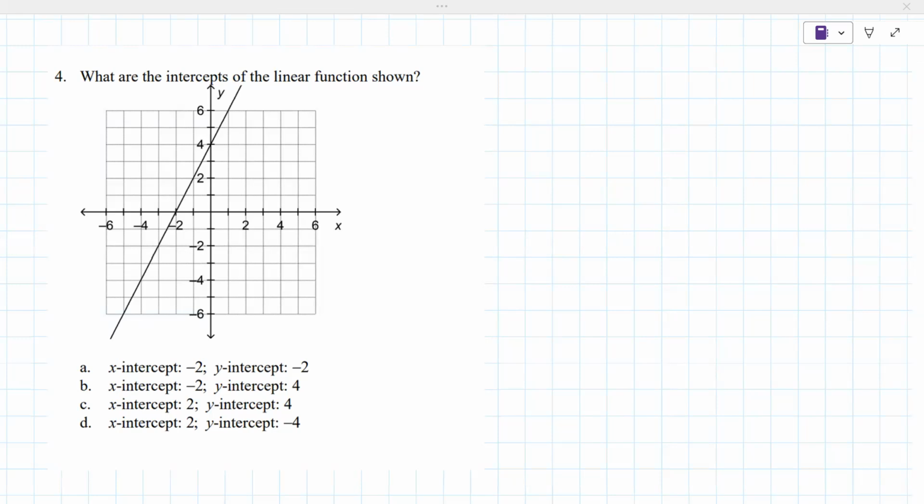Would it be B? X-intercept of -2. Yes, got it. Are you finding these to be pretty easy? Yeah. That's good. All right, a couple more.